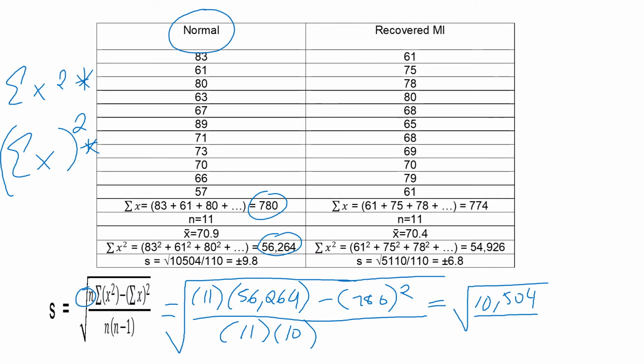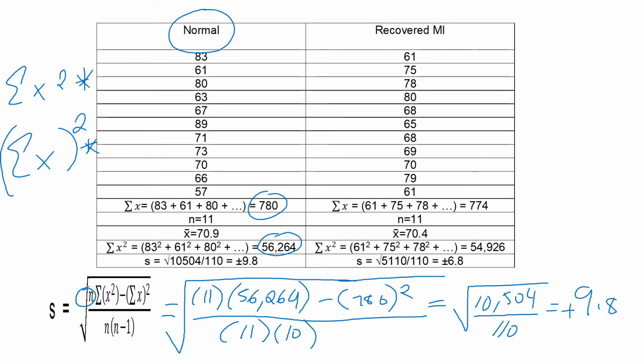And then 11 times 10, so that should be the 110. When you punch it in your calculator, I would first take 10,504 divided by the 110, and then after I get that answer, I would square root it. When you square root it, you should get 9.8.